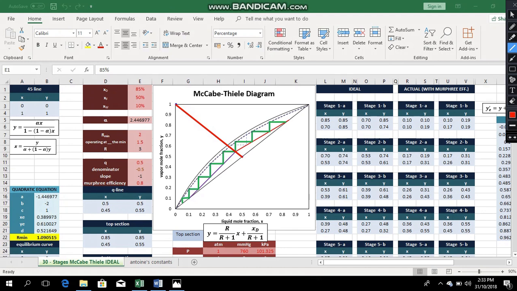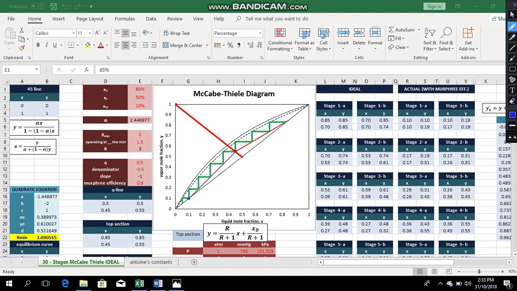The point of intersection of the operating line of the rectifying section and the feed line is this point here. So we'll have a point here in the distillate, 0.1 and 0.1.